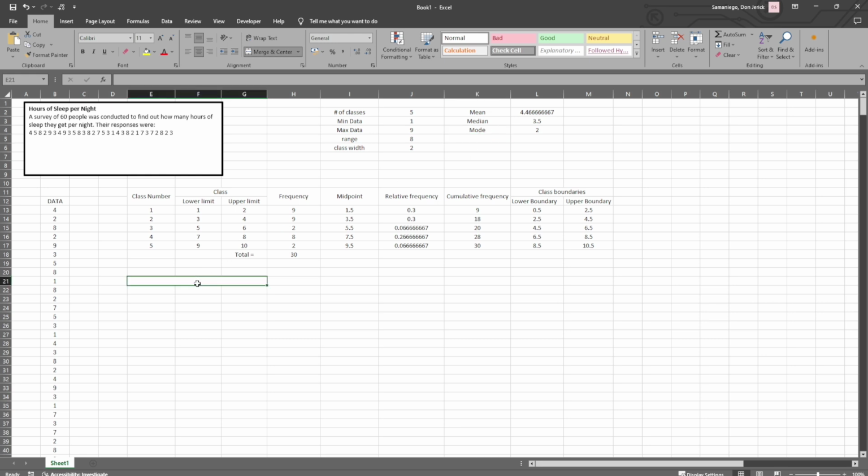Then we can now proceed to the grouped data standard deviation.